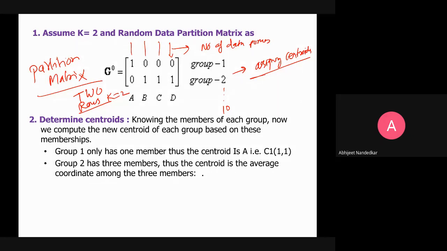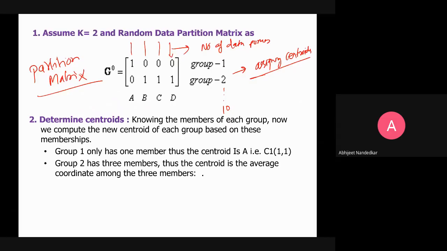For each data point there will be a column, and for each column there will be only one entry of 1. That is, the sum of each column is always equal to 1. You can't have multiple entries for the same data point. If I write 1 in both rows, it indicates that A belongs to group 2 as well as group 1, and that is not allowed. You assign it to anybody, but it should be assigned to only one group.